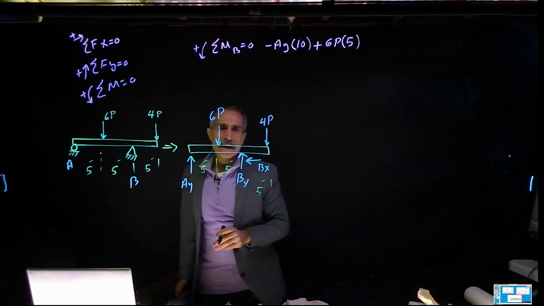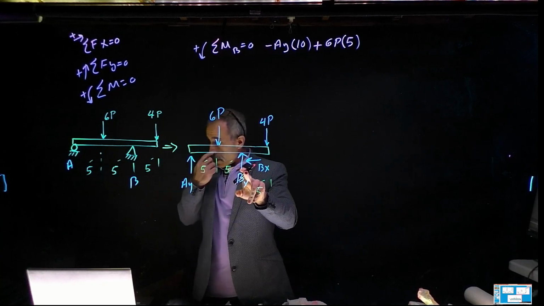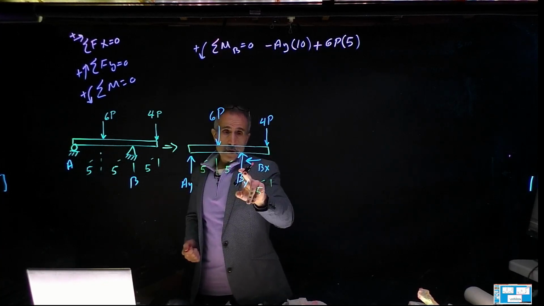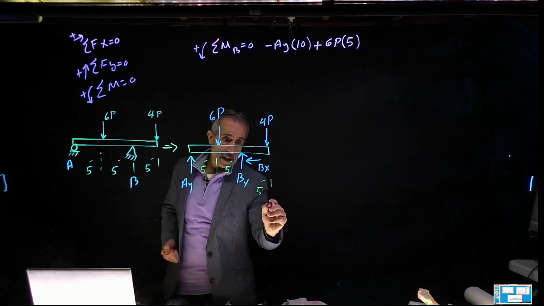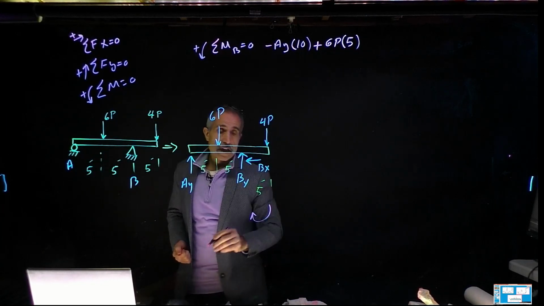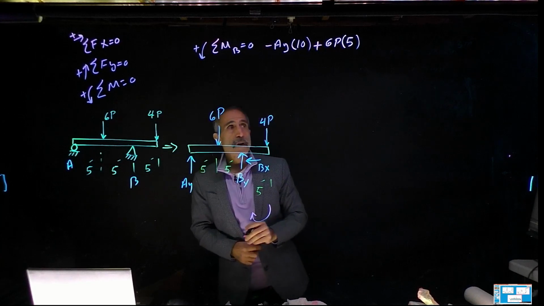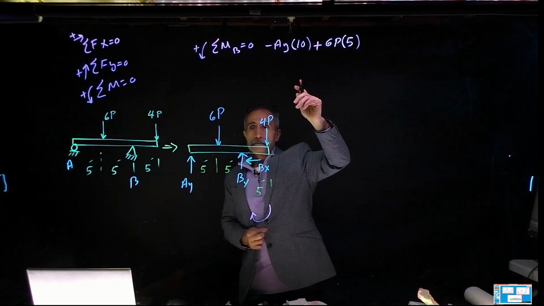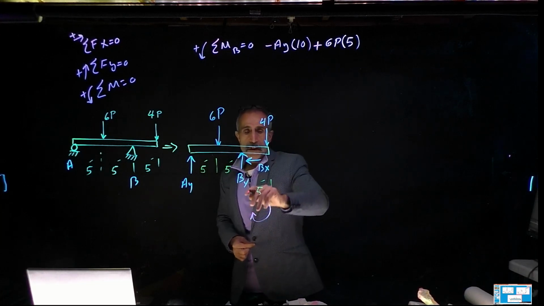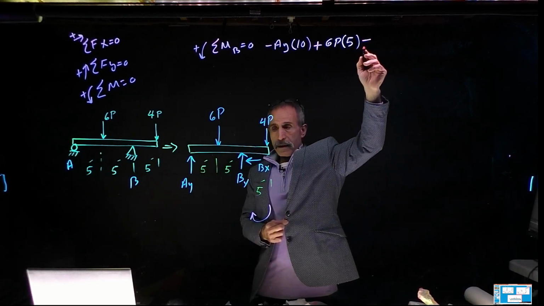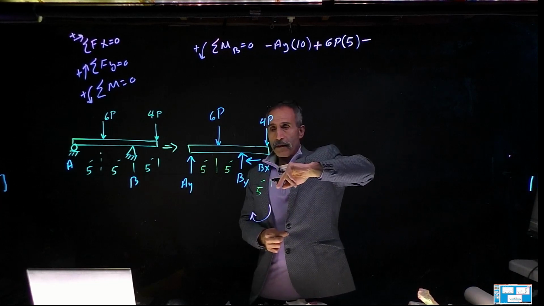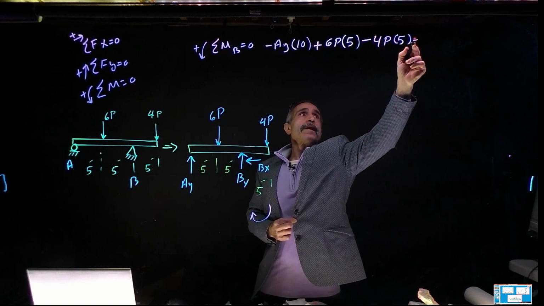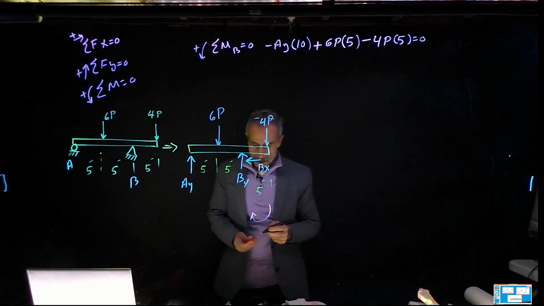The next one, B cannot take a moment about itself, so there's nothing there. And 4P is going to take a moment about here, going this direction. That's clockwise, so it's going to be negative, minus 4P times 5. Then that's it. We have nothing else, equals 0, and we can go ahead and simplify.